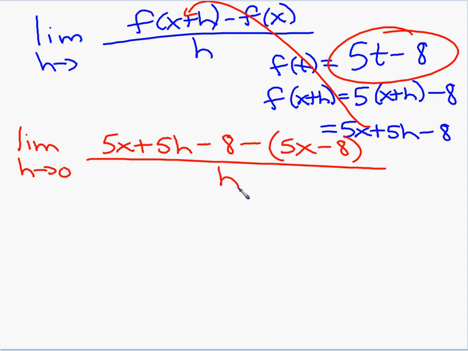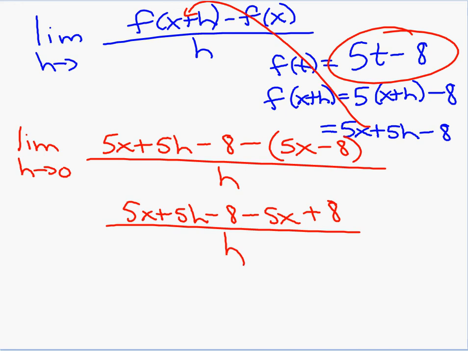So now I have 5x plus 5h minus 8 minus 5x plus 8. Okay, that whole thing is over h. Yes, I can slash some things. I can slash the 5x's. I can slash the 8's. And I'm left with the limit as h approaches 0 of 5h over h, which I can slash again. And I'm left with just 5.